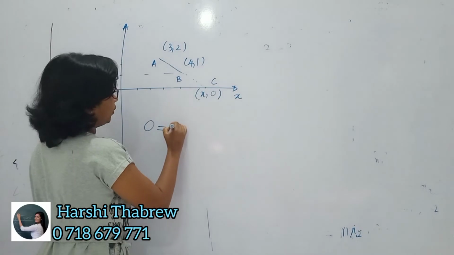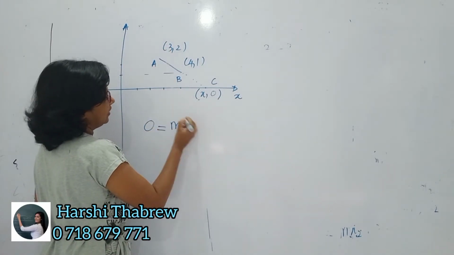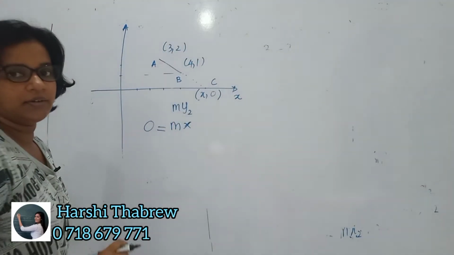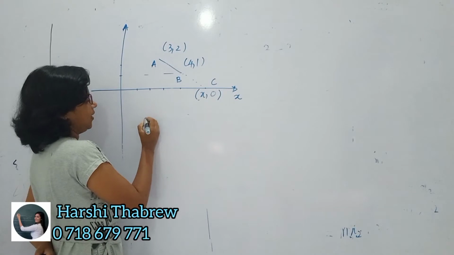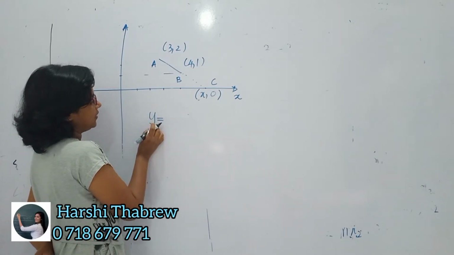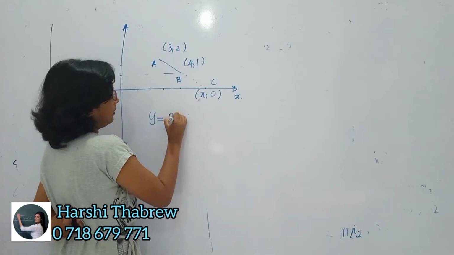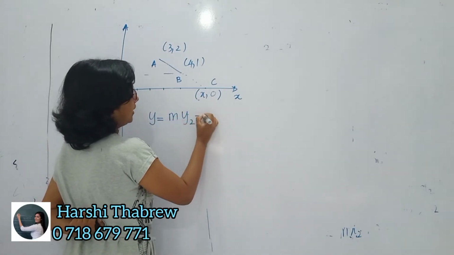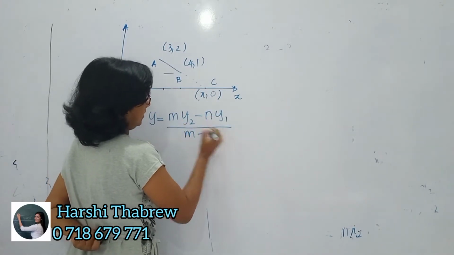M we don't know. M x1, m y1, right? Then you should write y equals, we know y equals 0, equals (m y2 minus n y1) over (m minus n).